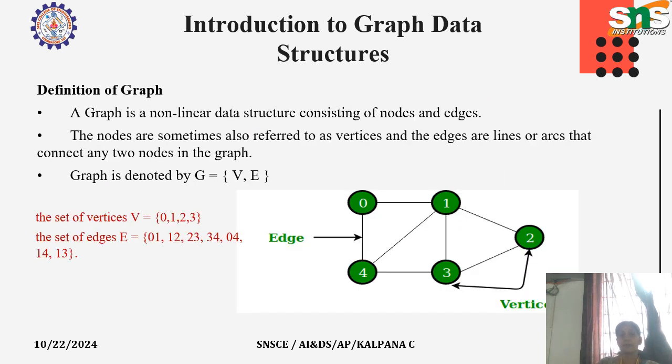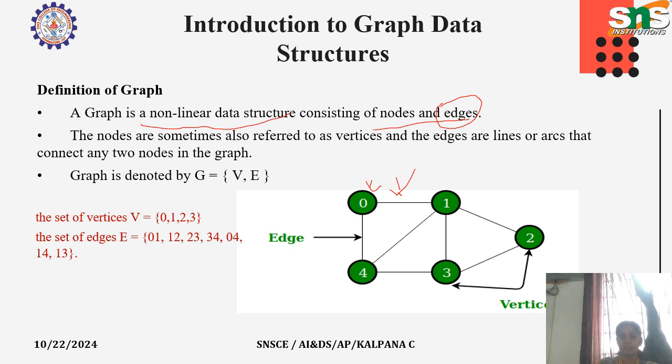Next is the definition of a graph. It is a non-linear data structure consisting of nodes and edges. Nodes are these, and edges are the links between the nodes. These lines we call edges.